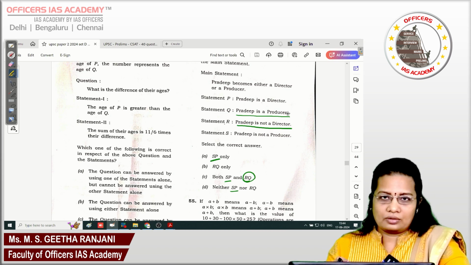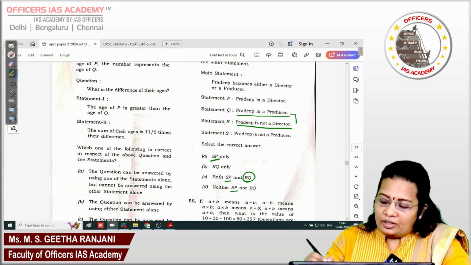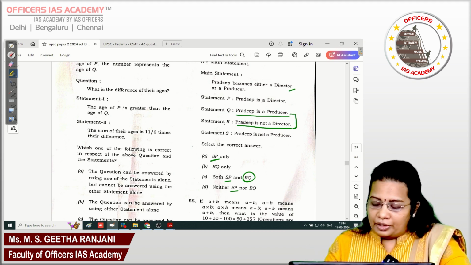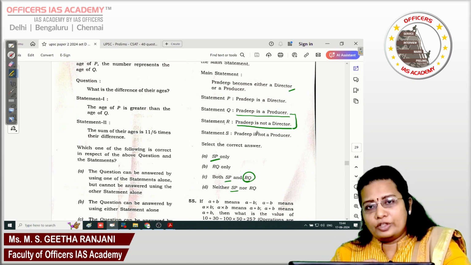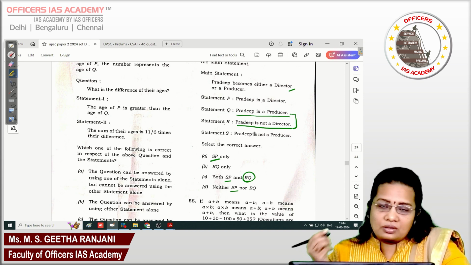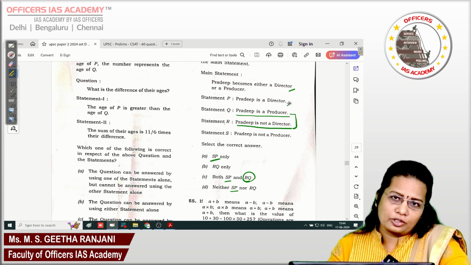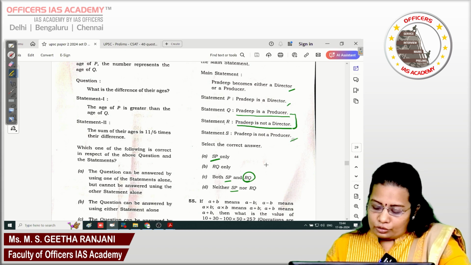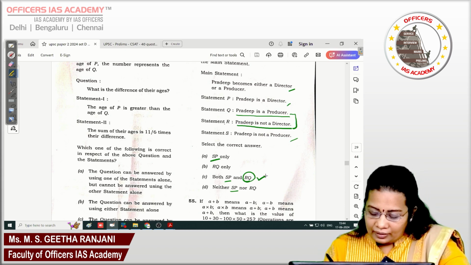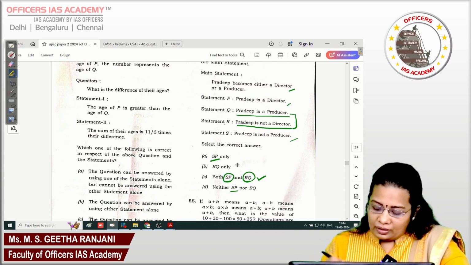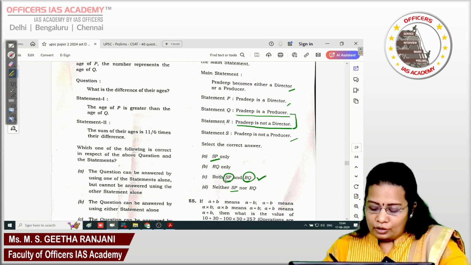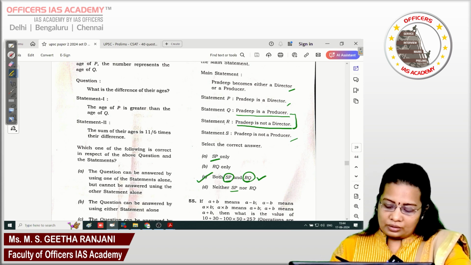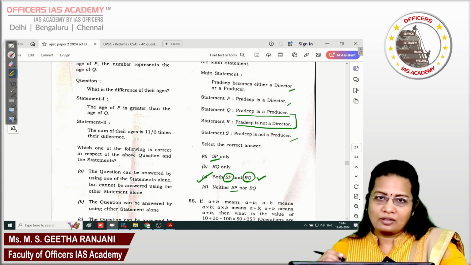Whether these 2 things are supporting the main statement or not. Yes, Pradeep is a producer means he is not going to be the director. Otherwise, Pradeep is a director means he is not going to be a producer. So both the statements are correct. So Q and R is the pair which is supporting the main statement, as well as S and P. So the correct answer for this question is option C, both SP and RQ.